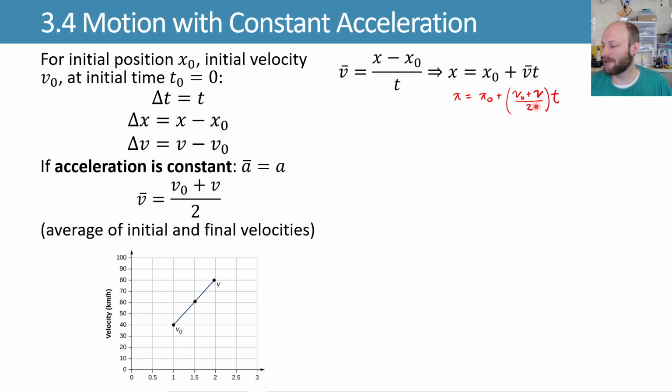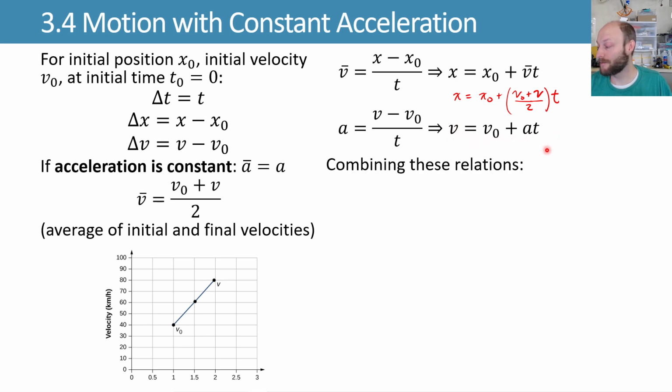We can use a similar relationship for acceleration and say that my average acceleration is just equal to my acceleration at any point in time, which is the change in velocity over time, and find velocity in terms of v naught, a, and t. So my final velocity is equal to my initial velocity plus at.